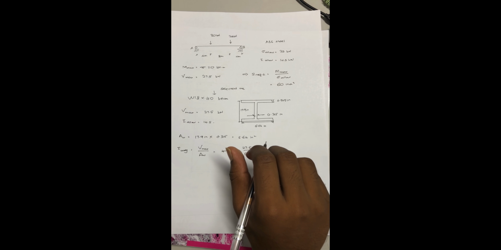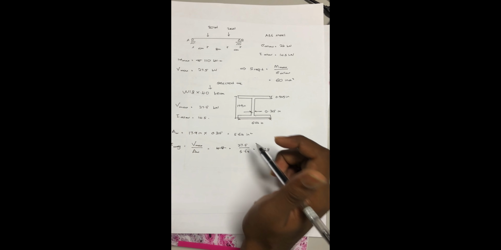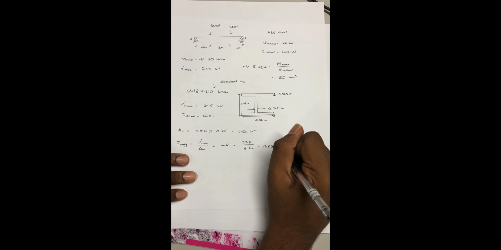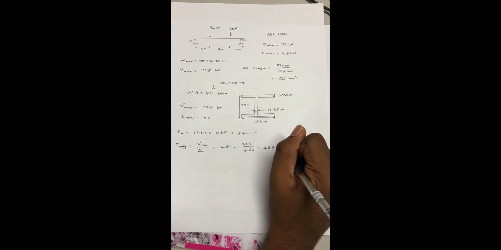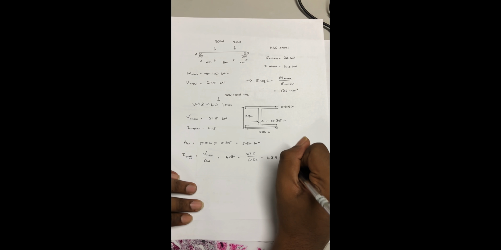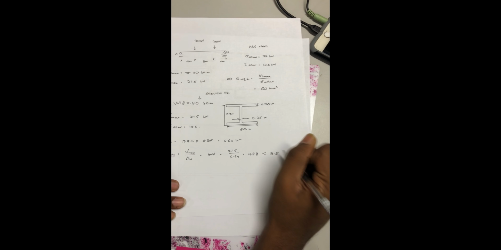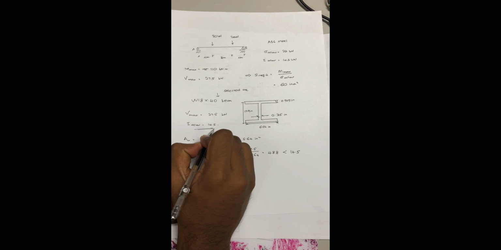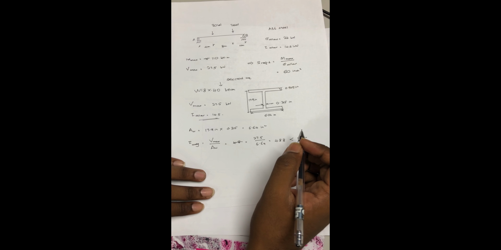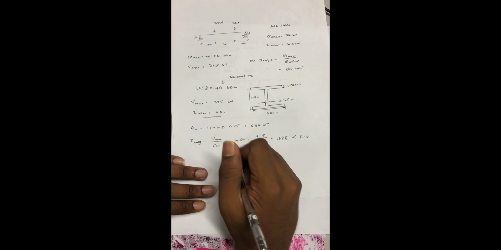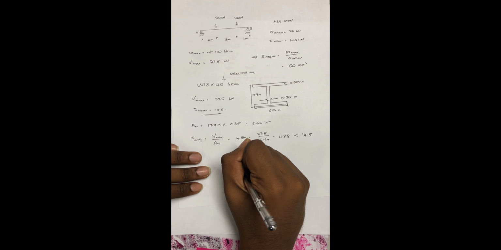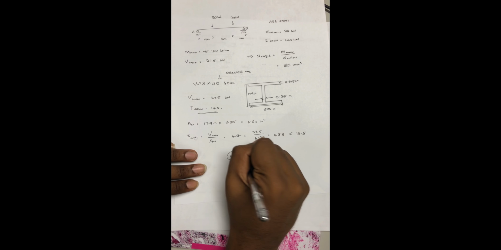Okay. So therefore this is less than the allowed shear of 14.5, whereby our selection is a success. Thank you.